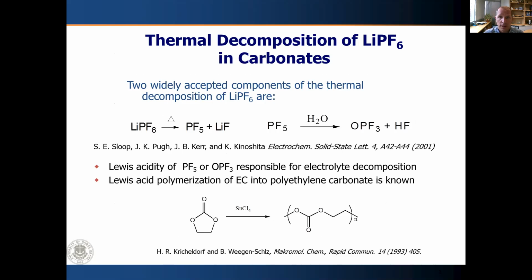And as I reported in previous presentations, the thermal dissociation of LiPF6 is a significant problem for LiPF6-based electrolyte formulations, of which most all commercial lithium-ion batteries contain LiPF6. LiPF6 decomposes to generate PF5, which is a strong Lewis acid, which can cause polymerization of ethylene carbonate and other problems within the cell.